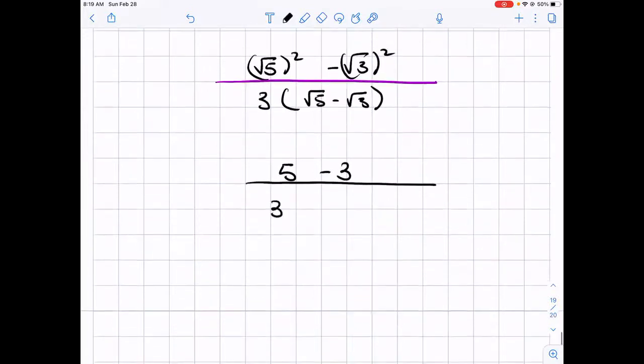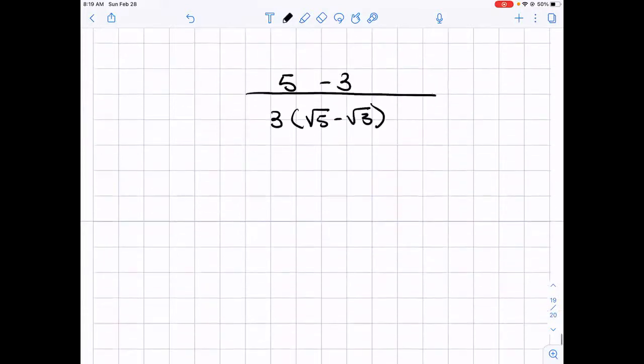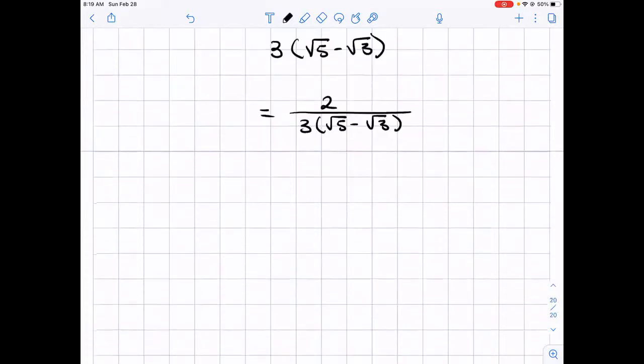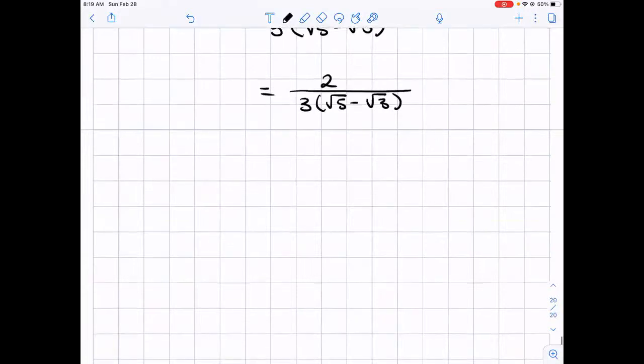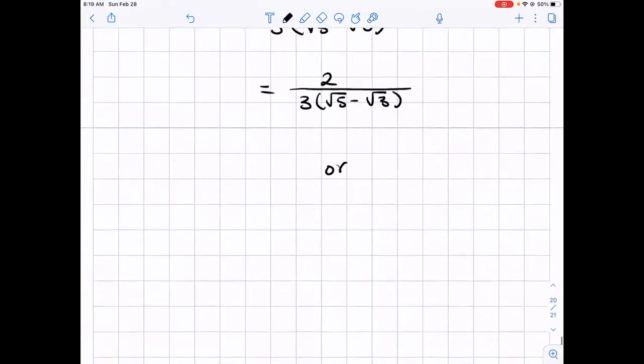Now 5 minus 3 gives me 2 over 3 times the root of 5 minus the root of 3. And we can leave it, there is no simplification there, or we can say 2 over 3 root 5 minus 2 over 3 root 3. Either one of these will be correct.